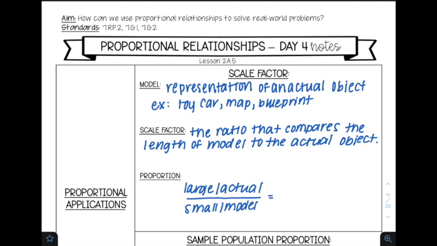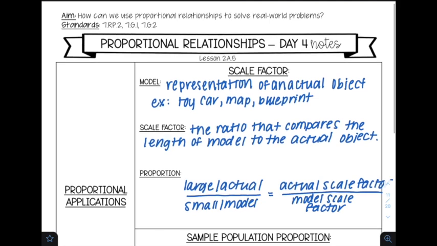And that's going to be set equal to your actual scale factor over the model scale factor. You would solve the proportion the same way as any other proportion. You can use cross multiplication. You can use scaling up or scaling down. You can find the unit rate.